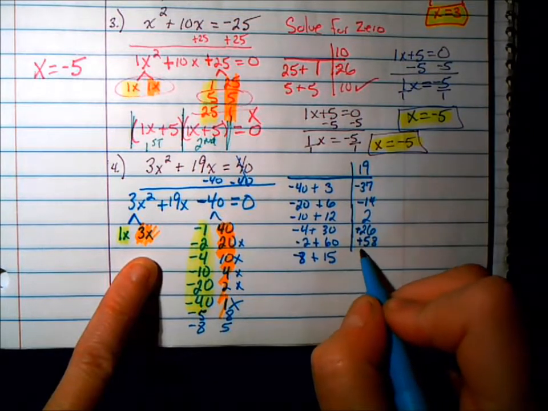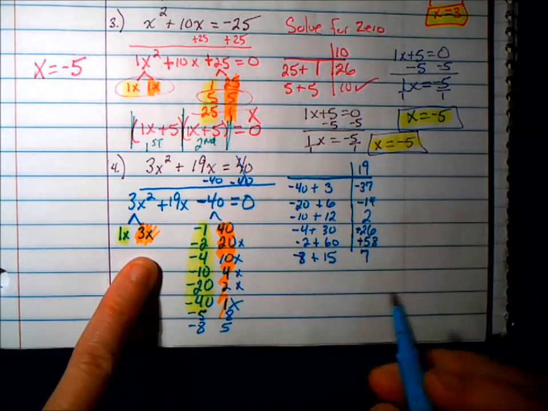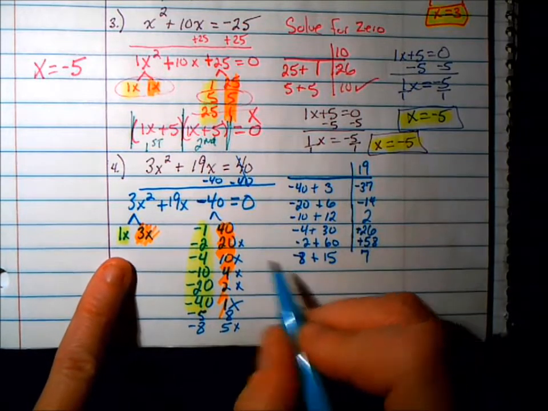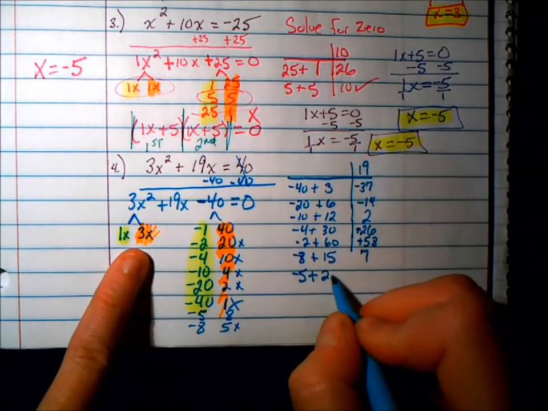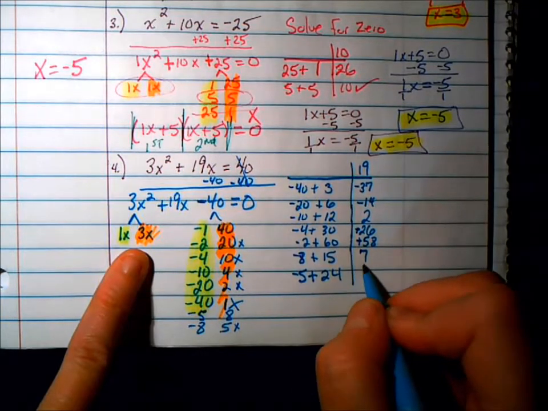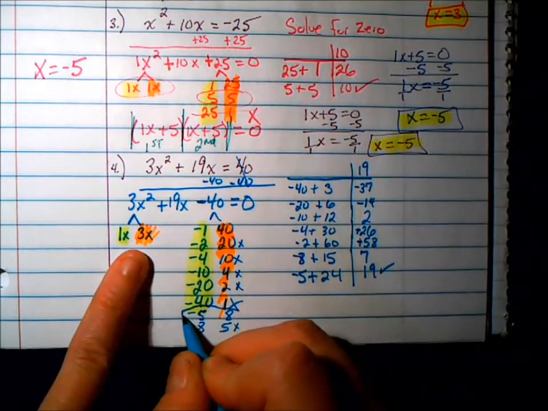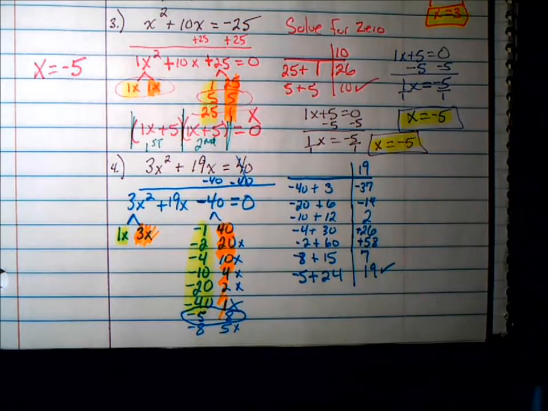What is that, 7, I believe? So if I try the next one, 1 times negative 5 plus 3 times 8, this one finally gives me my correct solution. So I missed one of my terms in my binomial.